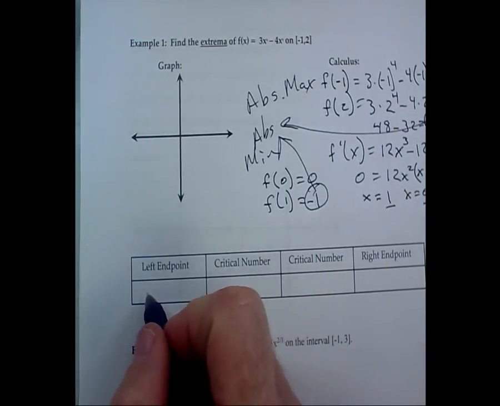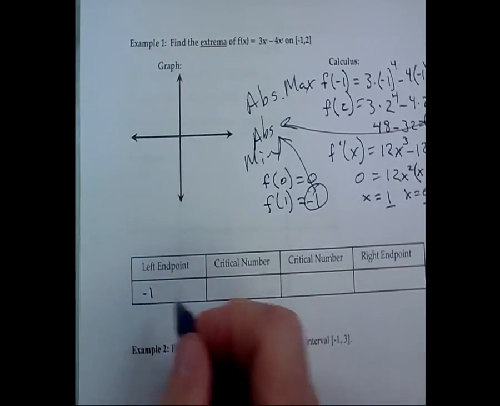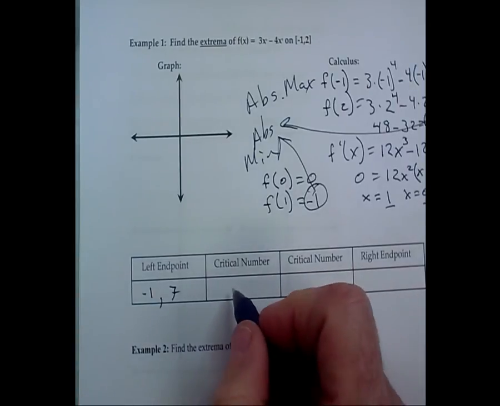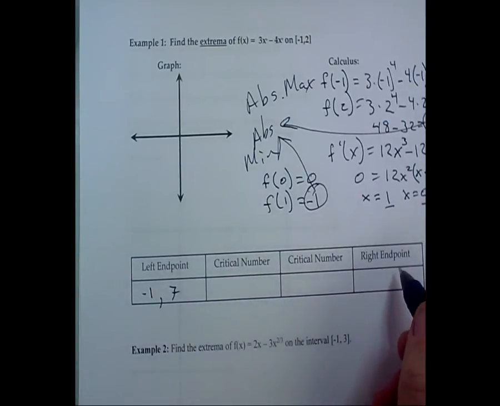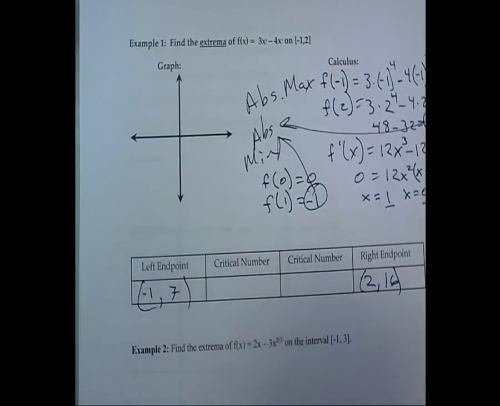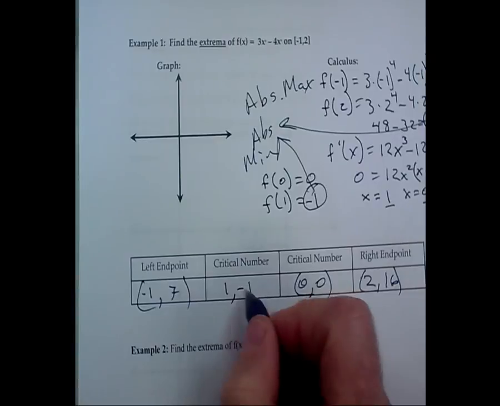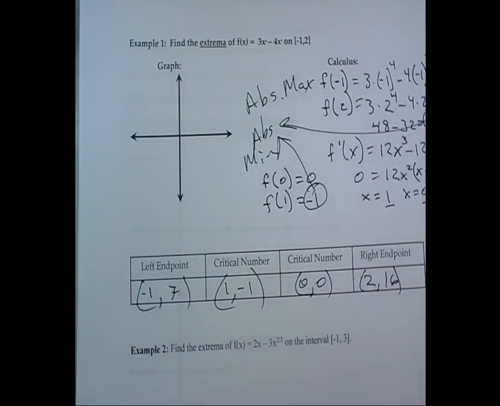The left endpoint was -1, comma 7. The right endpoint was 2, comma 16. Those are my points, right? And then I had 0, 0, and then I had 1, -1, right? So I could graph those if I chose to.